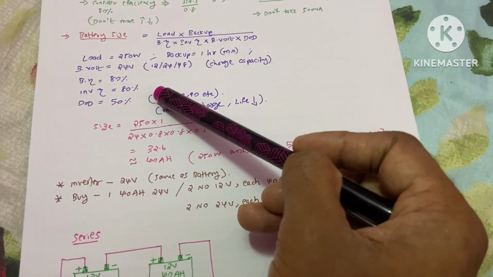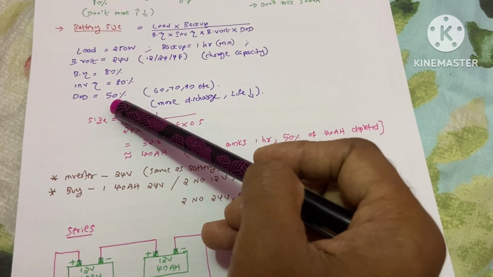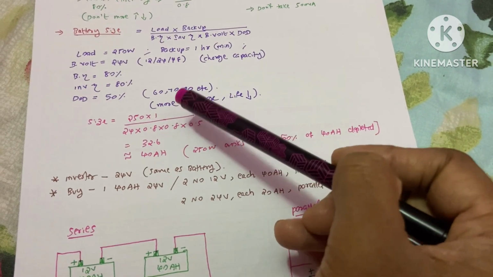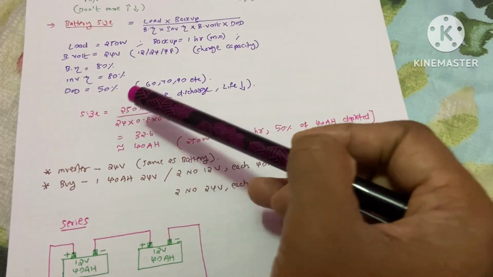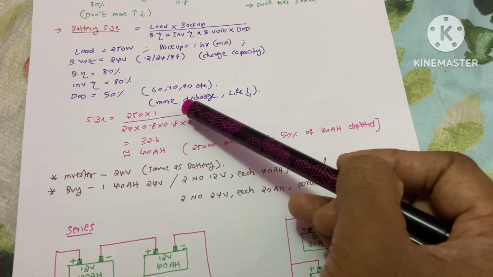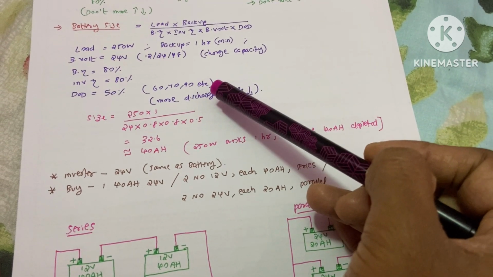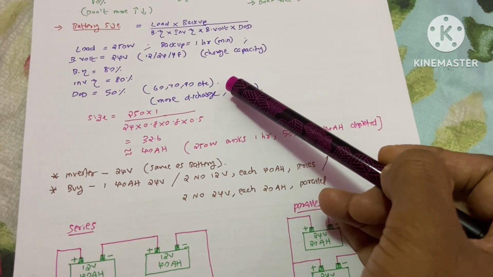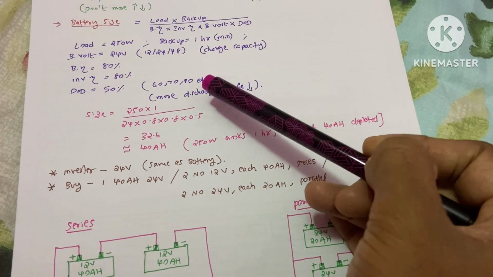And next about the depth of discharge, that is DOD. It would normally be 50%, 60, 70, 90% like that. What is the meaning of this depth of discharge? Suppose your depth of discharge is 90%, it means you could take 90% of charge from your battery. That means you could utilize 90% of your battery charge.